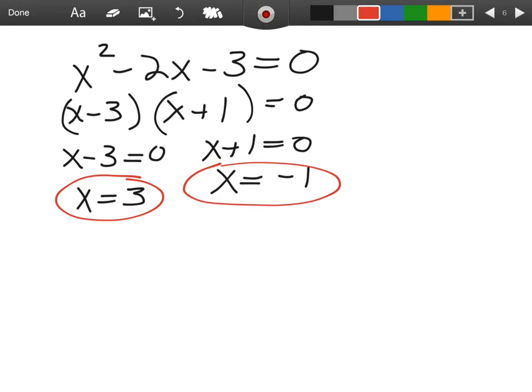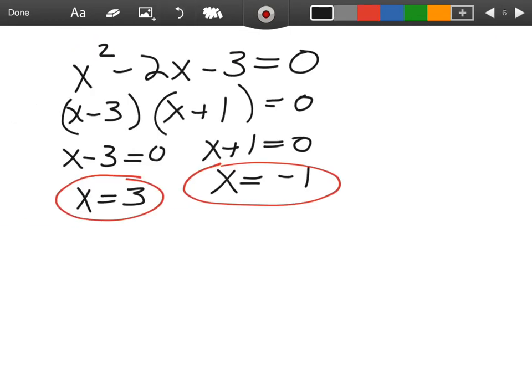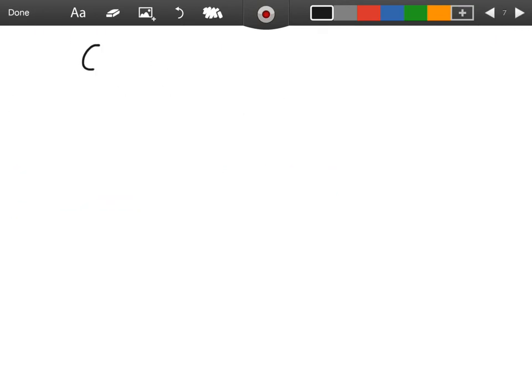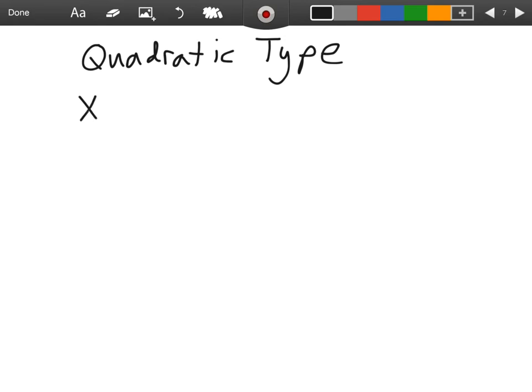Okay, now the next type we're going to talk about is what we call quadratic type. They're not quadratics. Okay, so here's an example of one that we would treat like a quadratic, but it's not a quadratic.